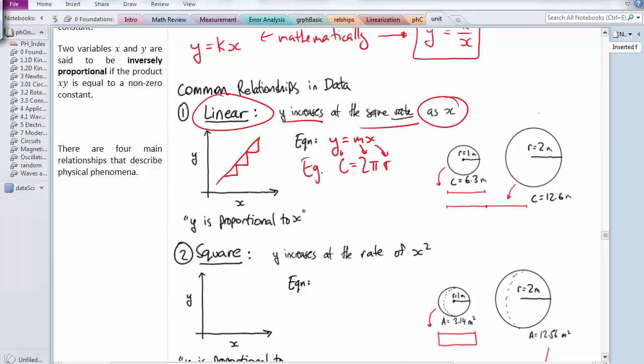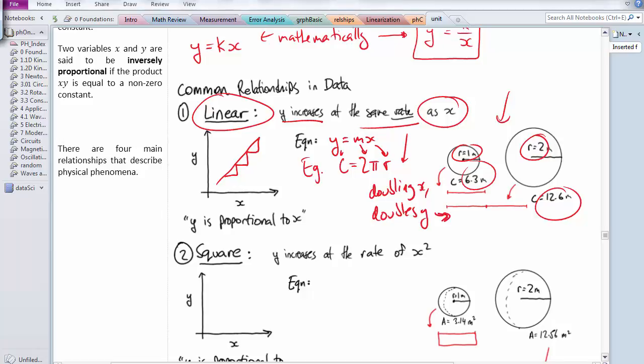You can see in this example that if we double x, so if we double our radius, we would double our circumference. That's what I mean when I say y increases at the same rate as x, because doubling x also doubles y.